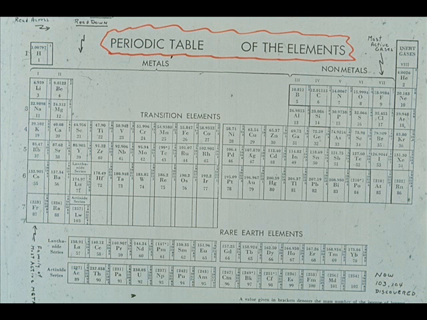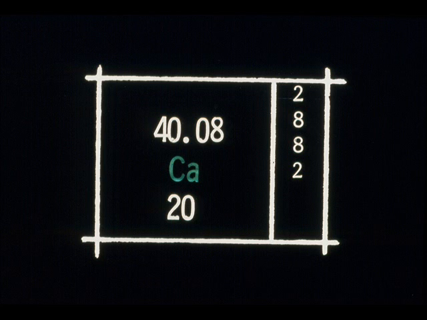On the table are shown each element's atomic weight, atomic number, electron arrangement, and symbol. Let's take a close look at the information for one of the elements. This is the information given for calcium. In the center is the element's chemical symbol, Ca.